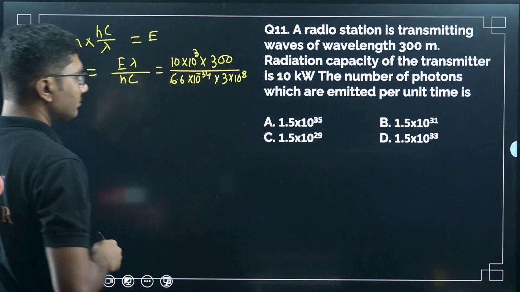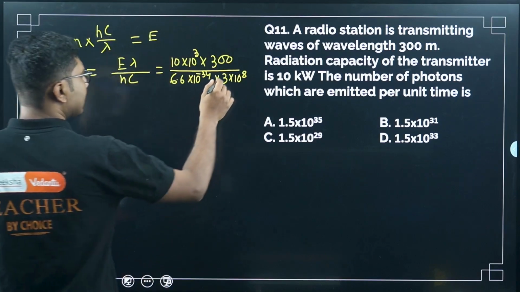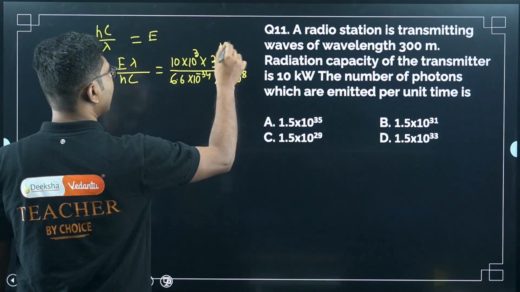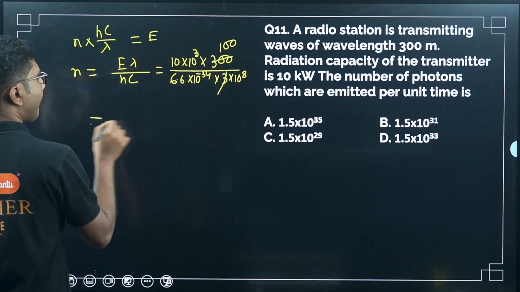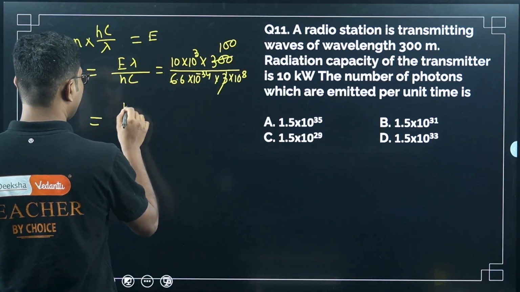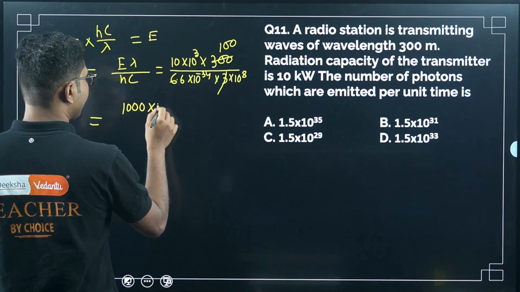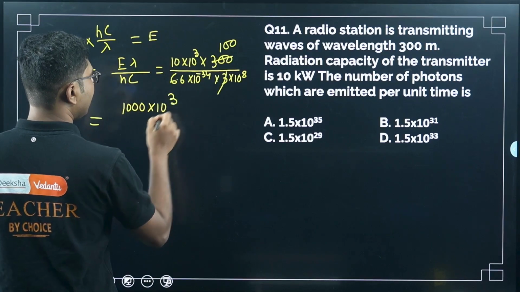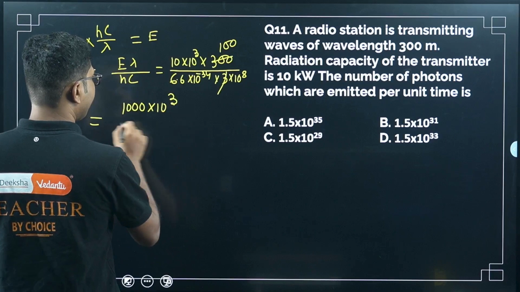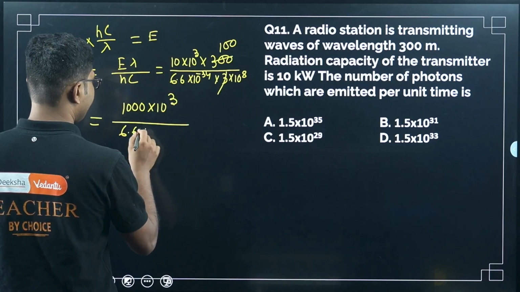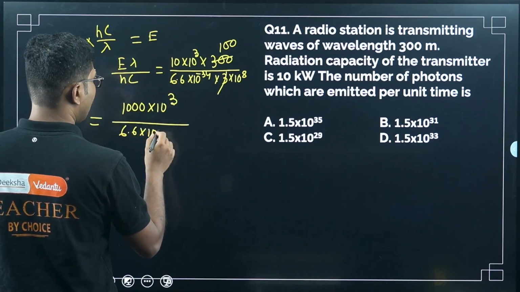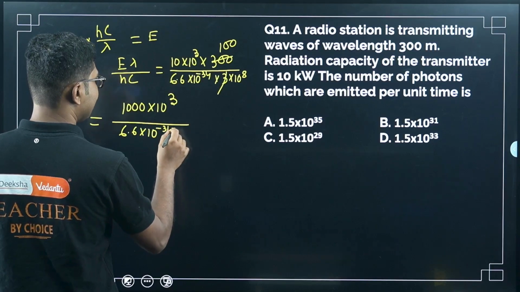So it will be 1000 times 10 to the power of 3 divided by 6.6 times 10 to the power of minus 34 plus 8.